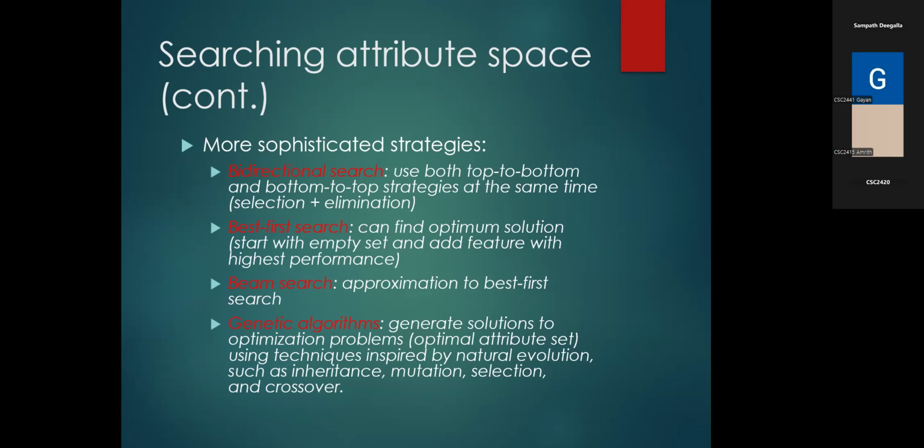Ideally, you will have a starting set, and then you will use that starting set to generate the next one. That's the idea in genetic algorithms.